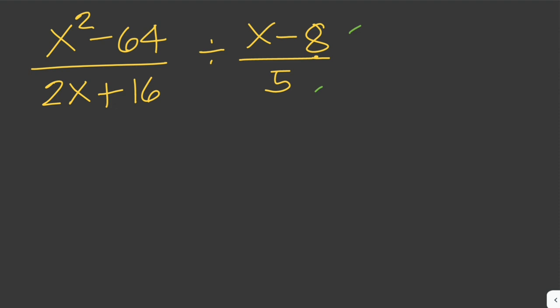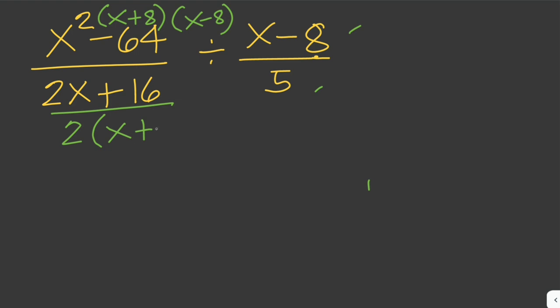X squared minus 64 is a difference of squares, so we can write it as x plus 8 times x minus 8. And 2x plus 16, we can simplify by factoring out 2. So we can write 2x plus 16 as 2 times x plus 8.